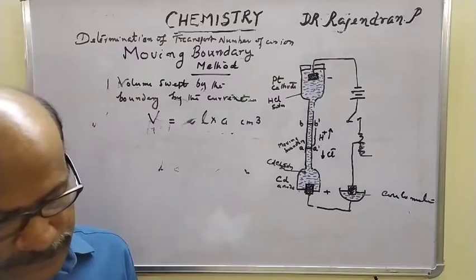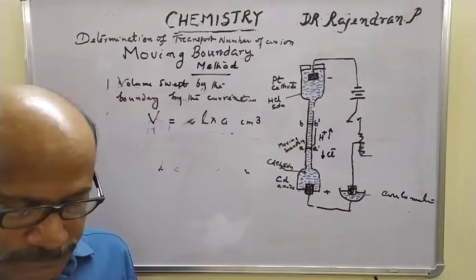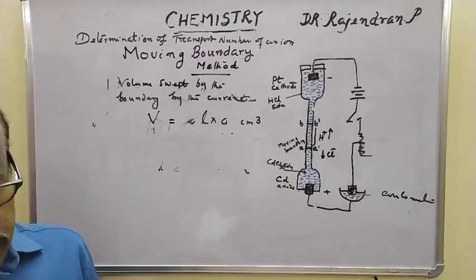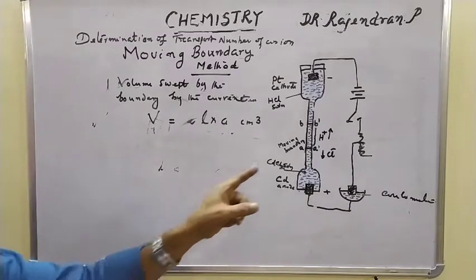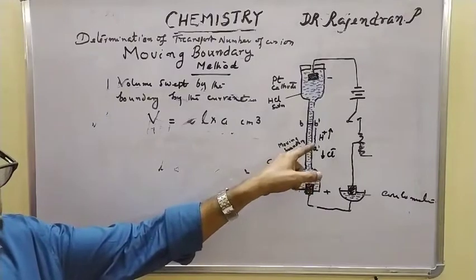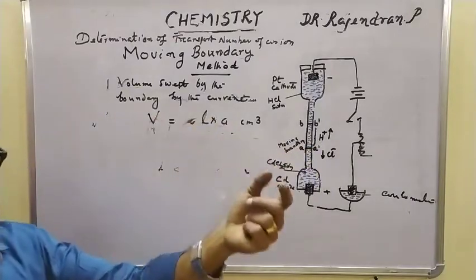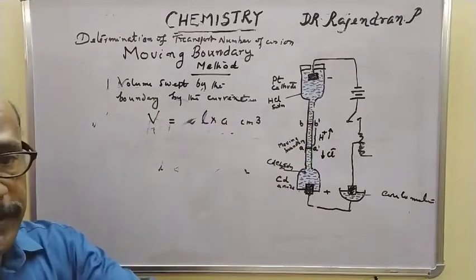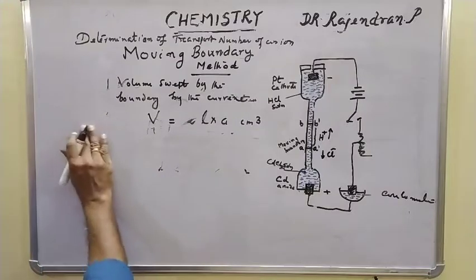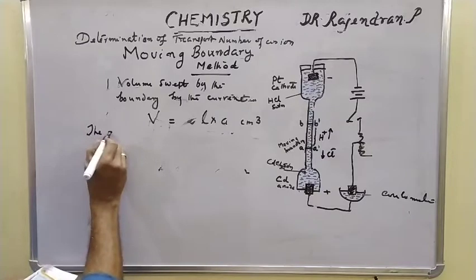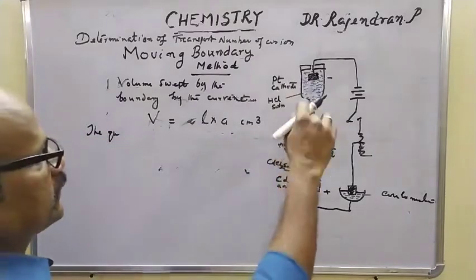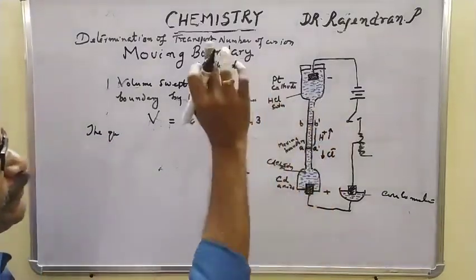Then the calculation. You have to remember that the quantity of current carried by 1 gram equivalent of H plus ion is 1 Faraday. This is due to the movement of the H plus ion upwards.